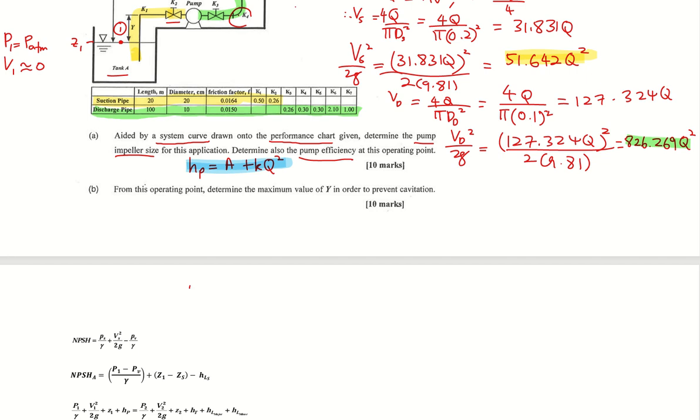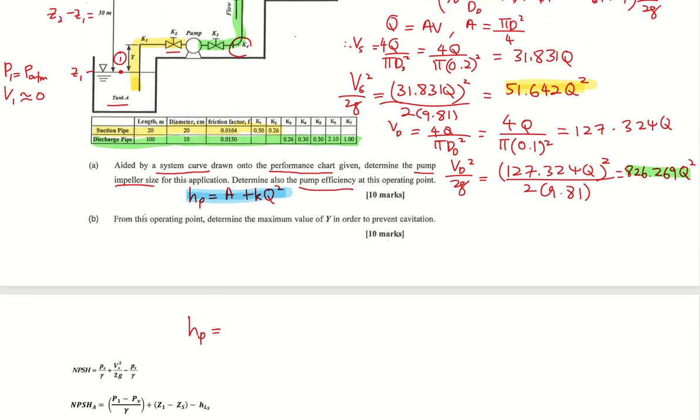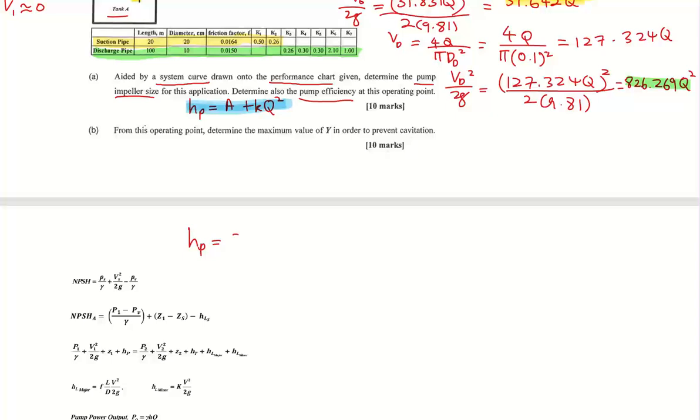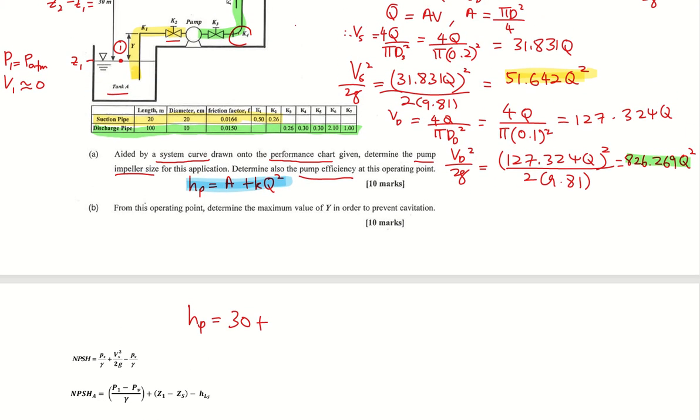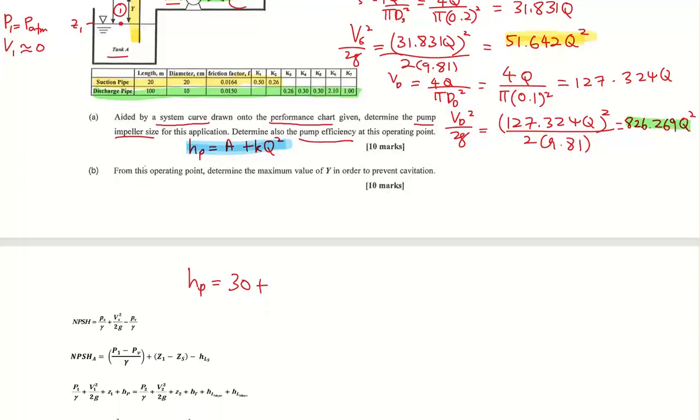So HP equals to Z2 minus Z1, which is already given there, 30. Okay, 30 plus, so F, you look at the table, F is 0.0164, length is 20 divided by 0.2 diameter, and then plus K1 0.5 plus K2 0.26.